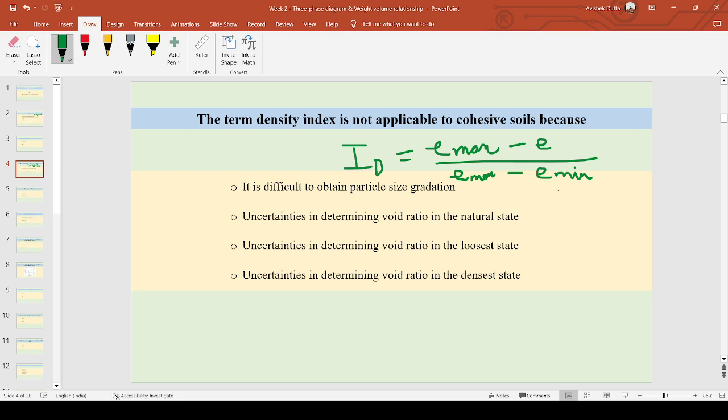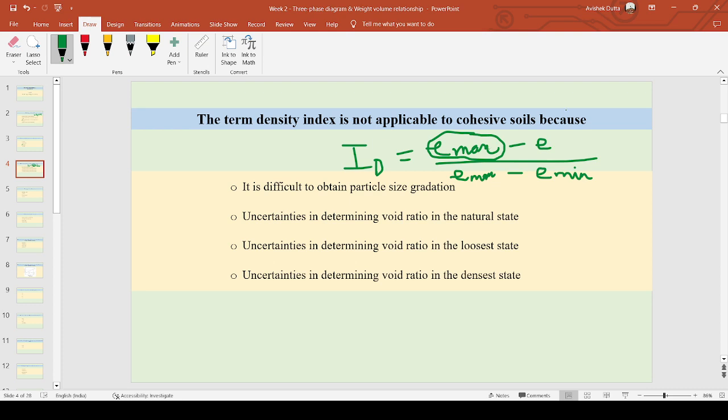In the case of cohesive soils in the laboratory, E max is very difficult to obtain, that is the void ratio in the loosest state, because cohesive soils have a property called cohesion, because of which the loosest state is very difficult to obtain. Cohesion is absent in granular soil, hence E max can be very easily found out in granular or cohesionless soils like sands and gravels.